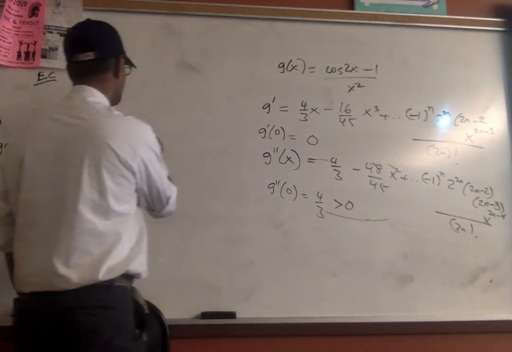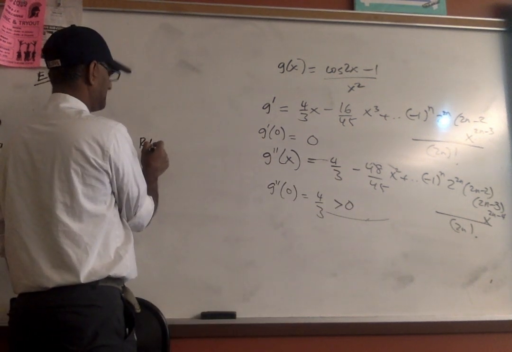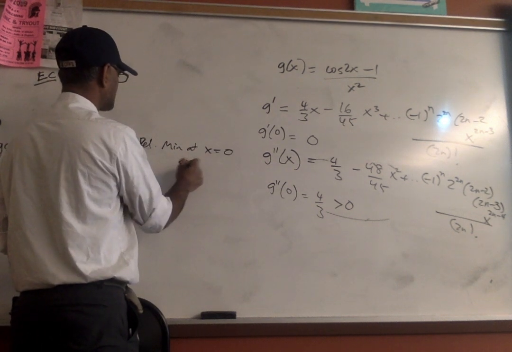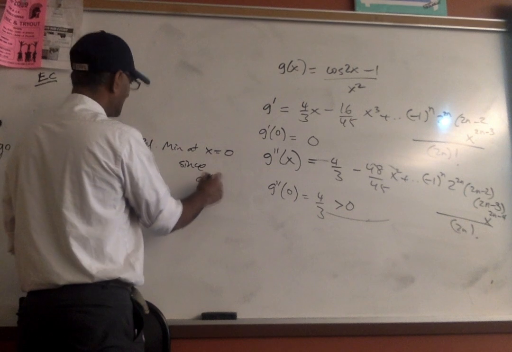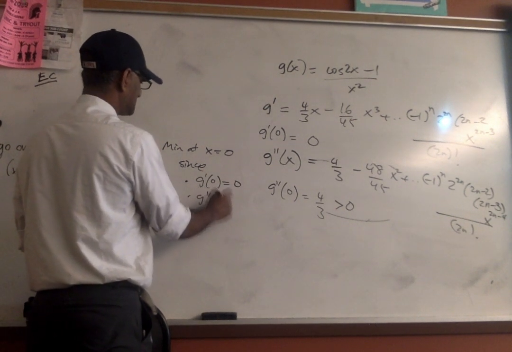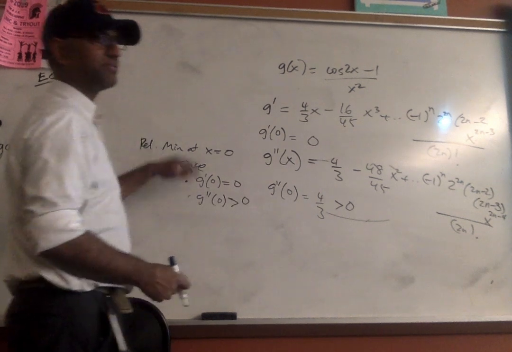Therefore, we have a relative min at x equals 0, since it says justify your answer. G dash of 0 is 0, and g double dash of 0 is greater than 0. Exactly, I'll give you full points.